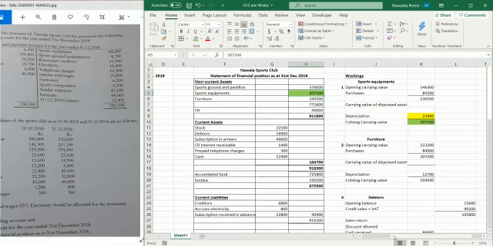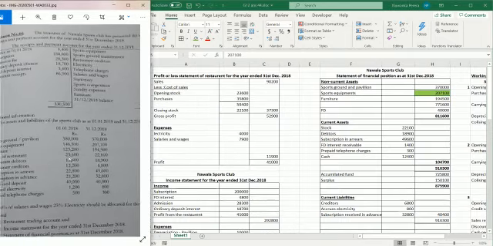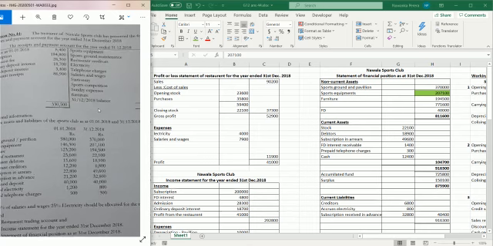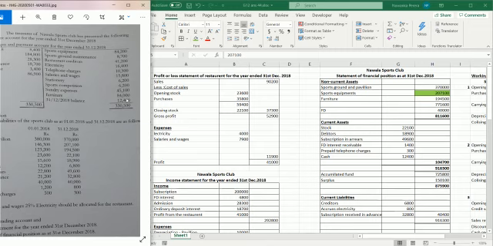And then we can move on to the next additional information provided. Furniture, the closing balance and the opening balance of furniture is given. Now when you go through your receipt and payment account, you can see that they have purchased 84,000 worth of furniture within the accounting year.